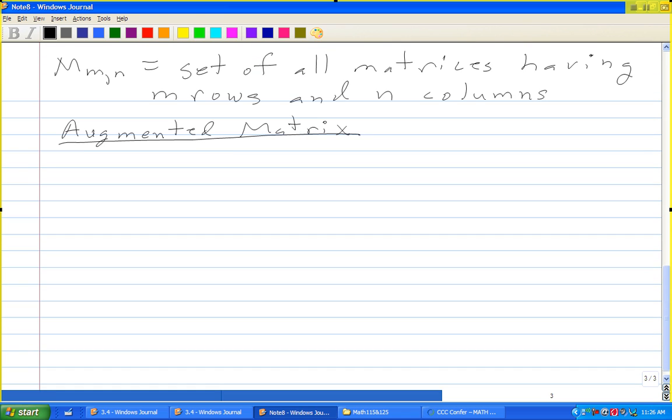So, more than one matrix. It's called an augmented matrix.